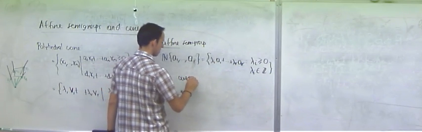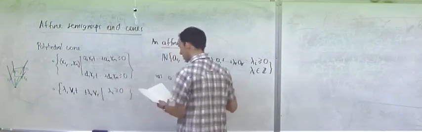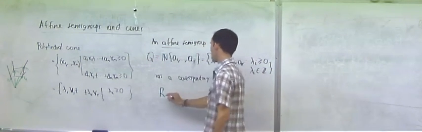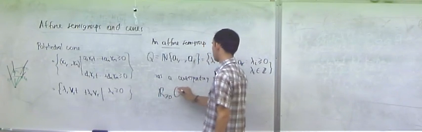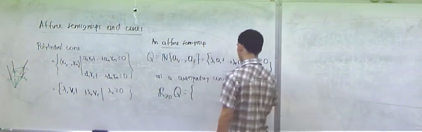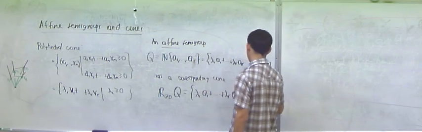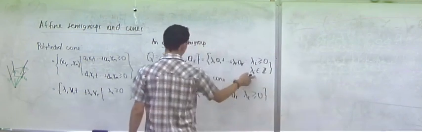So it has a corresponding cone, which, if I call this guy Q, one way of writing is as the real non-negative combinations of Q. It's almost the same definition, but you drop the condition of being an integral combination, and it can just be any positive combination.